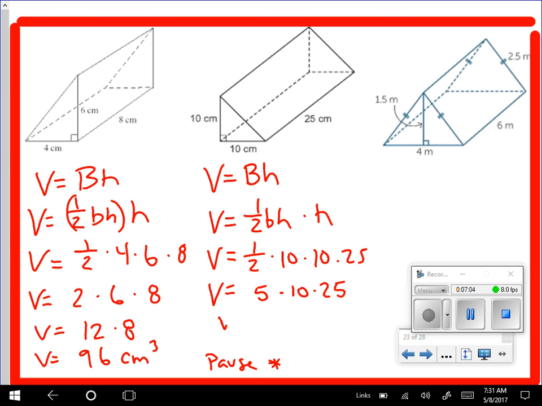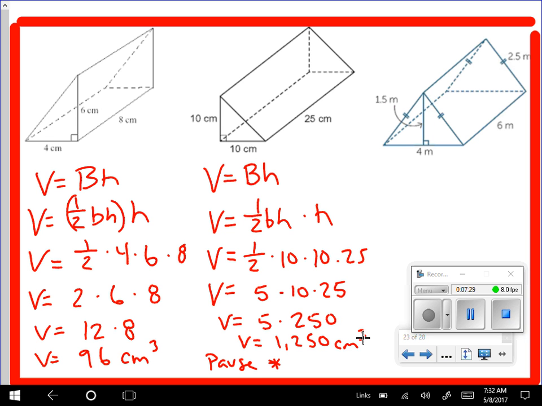And then we would be multiplying, well, you want to try to make it as easy as possible, but when we're working with tens, this would be 250. And 250 times 5 is 1,250 centimeters cubed.